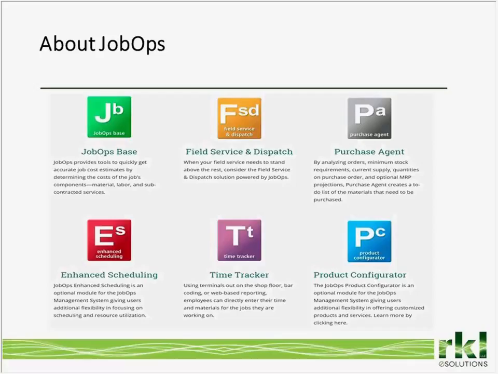The first thing that we do is some additional discovery with our customers and our prospects to understand your manufacturing requirements, the software needs, and the workflow of your business operations. That helps us determine which of these modules provide the most value for your organization and solve your business problems. And then obviously the modules plus the users are how we price the JobOps solution.